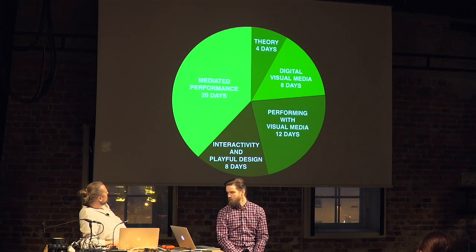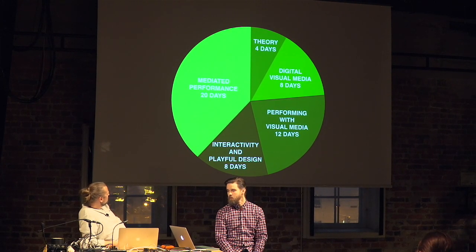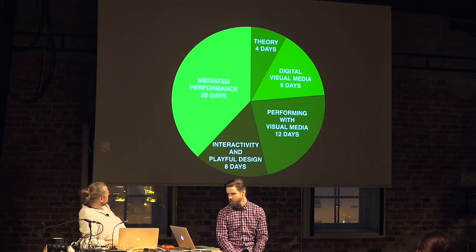We will talk about them a little bit later. And there's camera work, performing with visual media, and the interactivity and playful design course, which is interaction with Unity and virtual reality, for 8 days. And then there's a final production, or demonstration production, for 20 days.